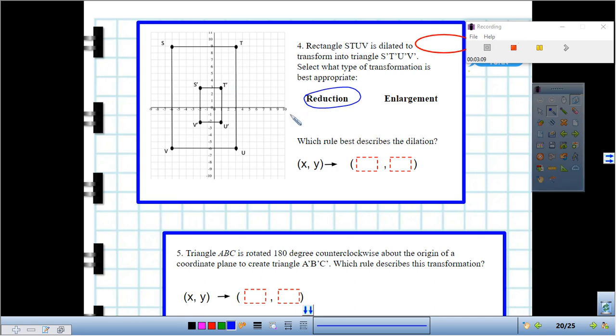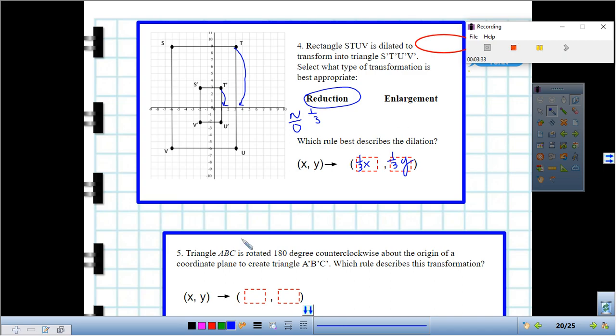It's going to be new over the old. And the new one here is 1 over 3, 1/3. Which rule is it? So it's going to be 1/3 x and 1/3 y. Just giving you a heads up, that's how you do that one.